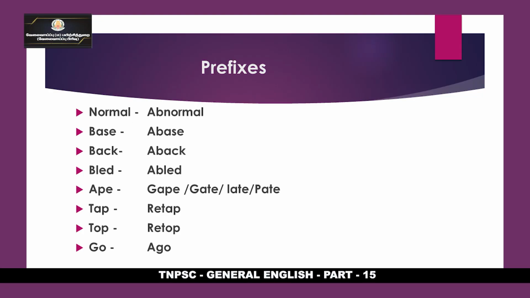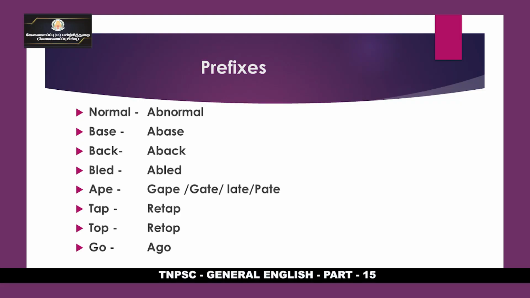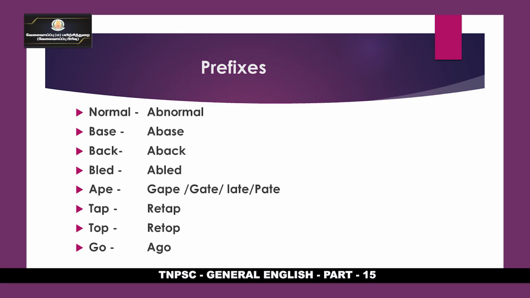Back, aback. Now, aback is when somebody is pulling the sail aback and holding it together in a boat. That's called as aback. Bled, of course, you know what the meaning of bled is. When you tend to lose blood, it becomes bled. When you add A, it's completely changed and you say abled. Abled is the capacity to do things.